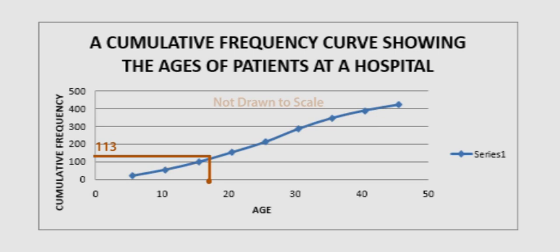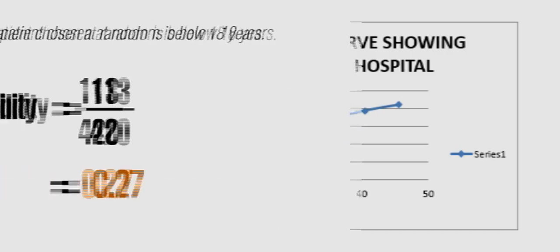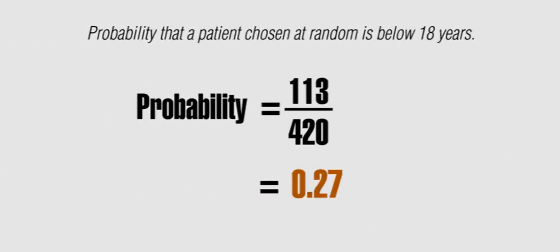But that's not the end of the question. The question is talking about probability. To obtain the probability, we divide 113 by 420. As you well know, probability is defined as the number in the event over the sample space. The event is what the question is asking us to find, that is, the number of patients aged below 18.